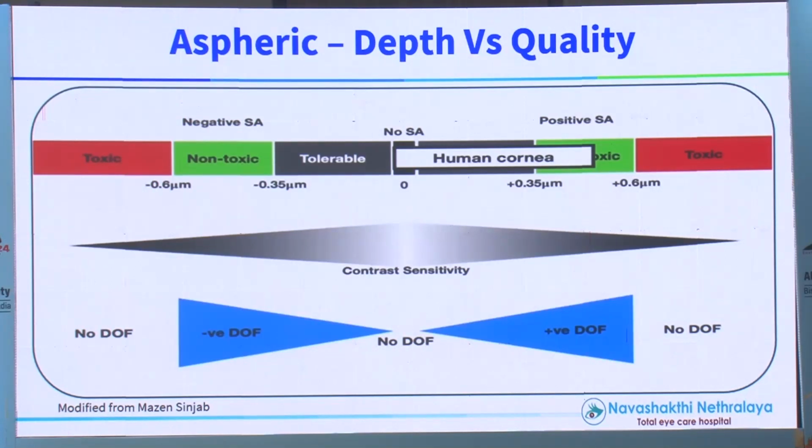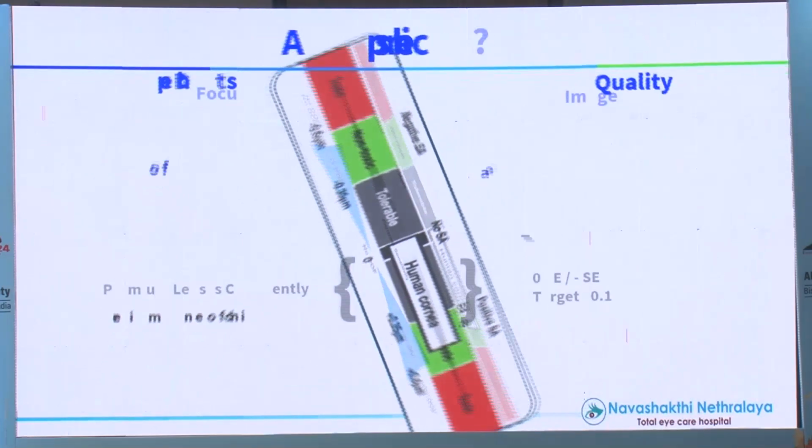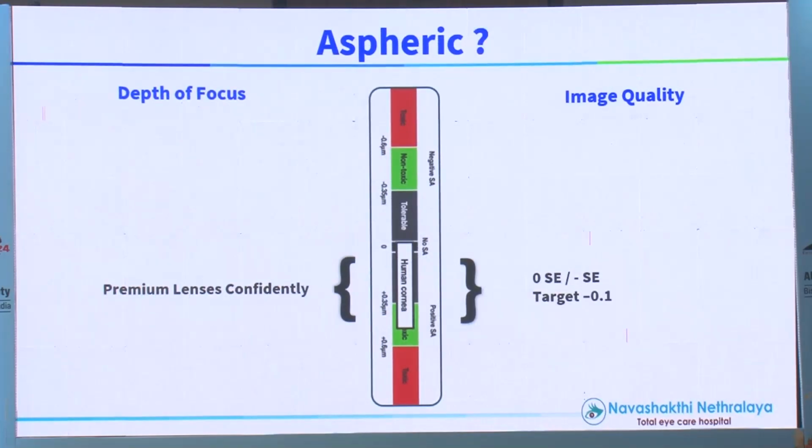In our patient, it was minus 0.52. We'll take that as an example and calculate later. When you consider this, in that normal range, you can go for any premium lens confidently. If you're going for a trifocal lens, the multifocality is already provided by the trifocal lens. If you're using EDOF, again, EDOF is providing that multifocality. So, what should our target be?